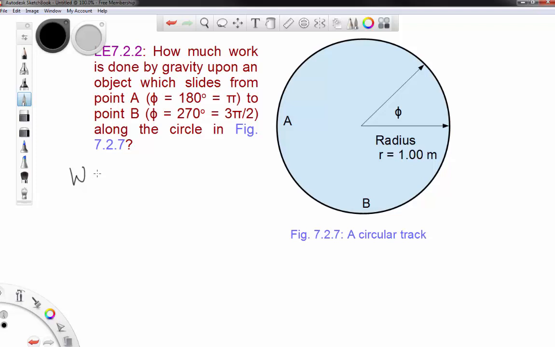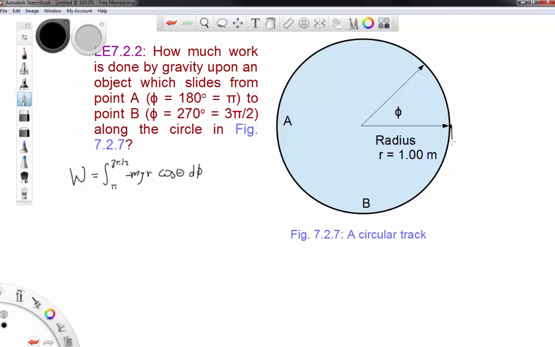So if our work is given by this integral from pi to 3 pi over 2 of mg r cosine theta d phi, then we could draw, recalling of course that this whole part right here is basically from that dl term, we could draw what Fg looks like, and we could draw what dl looks like as a function of this angle phi.